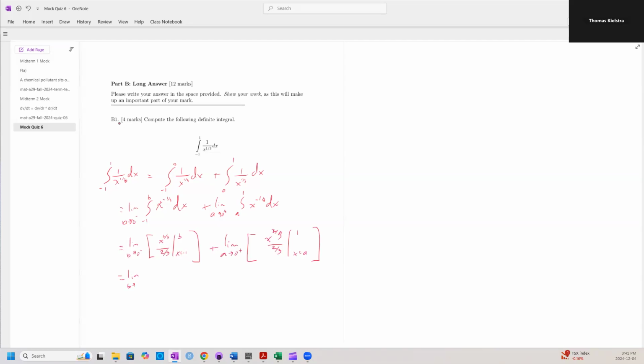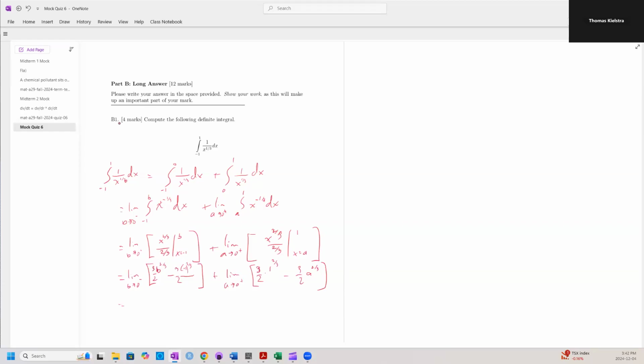which equals the limit as b approaches 0 from the negative of 3 over 2 b to the 2/3 minus 3 over 2 times -1 to the 2/3, plus the limit as a approaches 0 from the positive of 3 over 2 times 1 to the 2/3 minus 3 over 2 a to the 2/3.